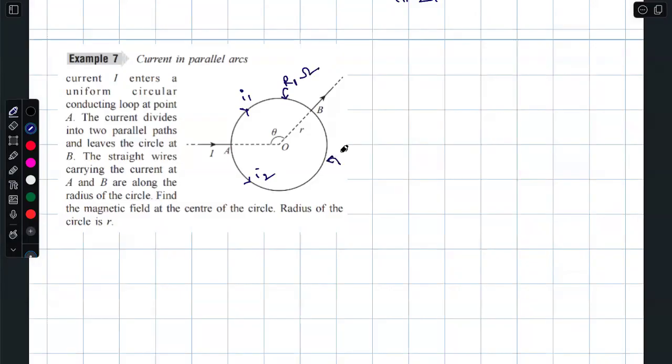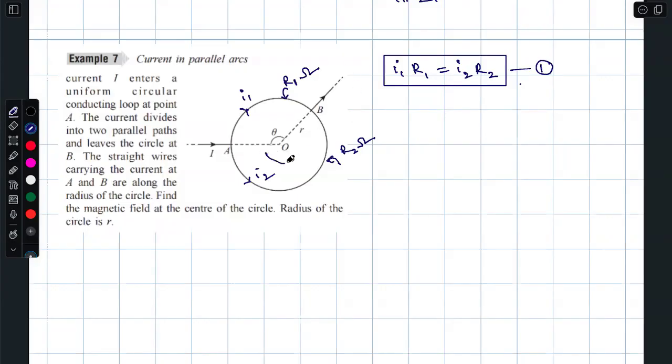This entire part will have a resistance R2 ohm. By the way, I1 R1 is equal to I2 R2.